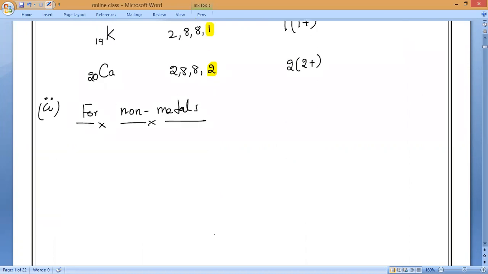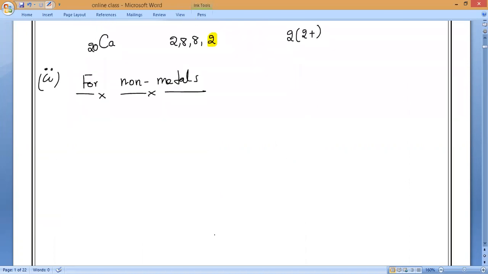That we will discuss later. Basically we write: non-metals have 5, 6 or 7 electrons in their valence cell.